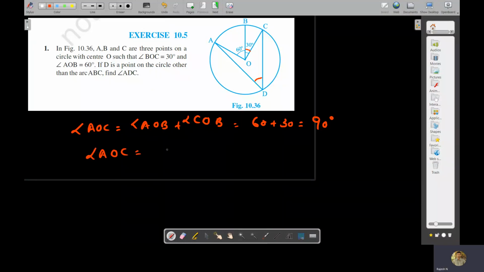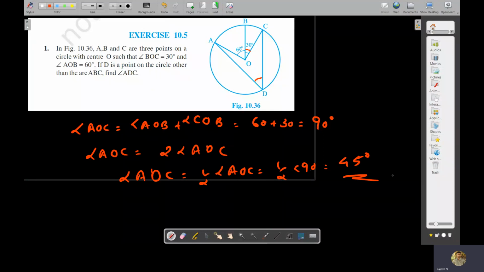So we can write angle AOC is equal to 2 into angle ADC, or angle ADC is equal to half into angle AOC. So half into 90. What is the answer? 45 degree. It is 45 degree.